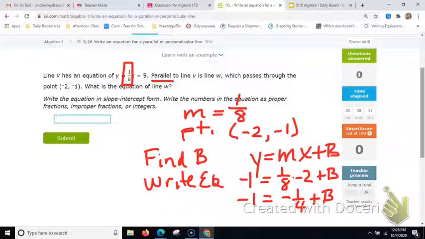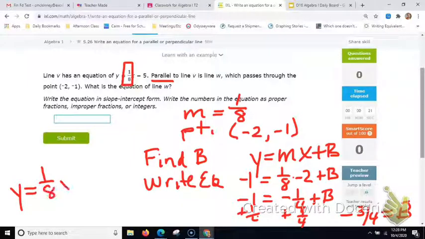So what would I have to add? Or I'd have to get b by itself, so I'm going to add 1/4. 1/4, not 4 over 1. So that would be -3/4 is equal to b. So this equation would be y is equal to 1/8 x minus 3/4.